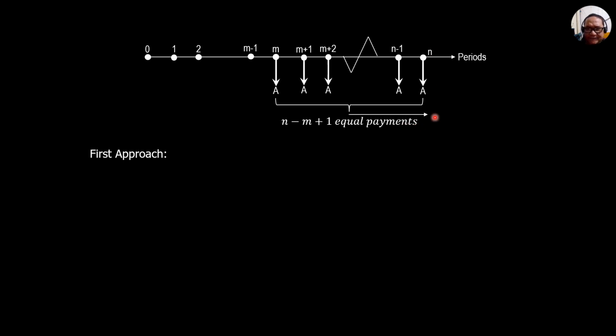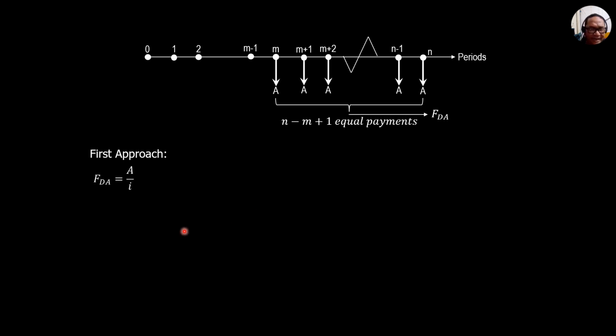So using the formula F, that's the future worth of deferred annuity, and it is equal to A over i, quantity 1 plus i to the power n minus m plus 1, then minus 1, right?